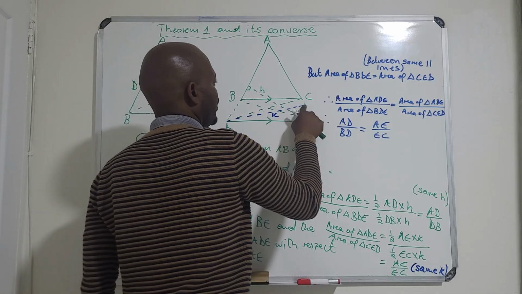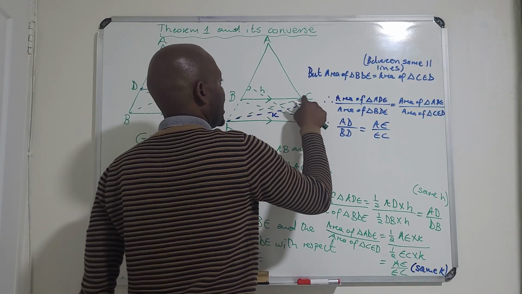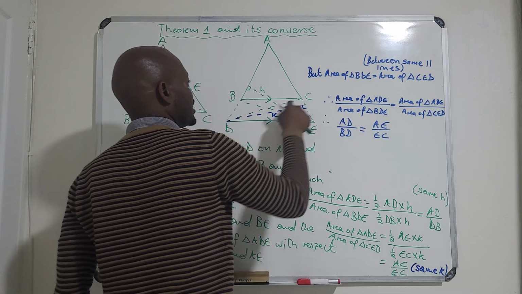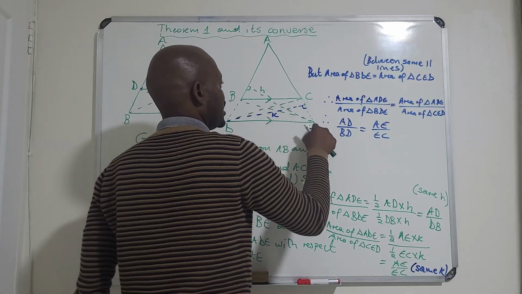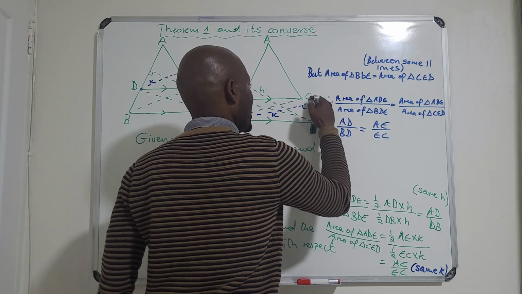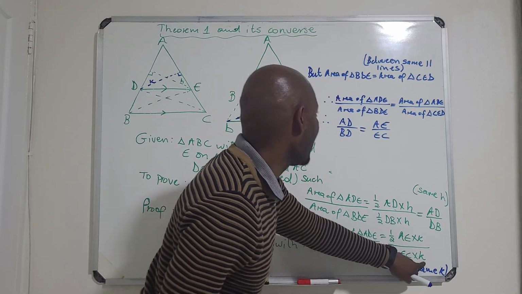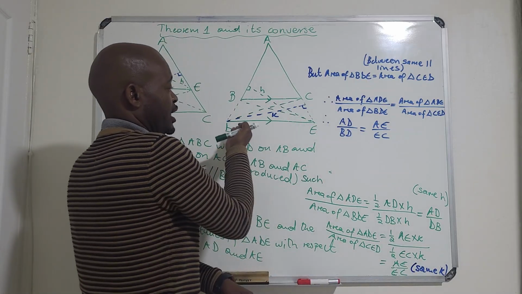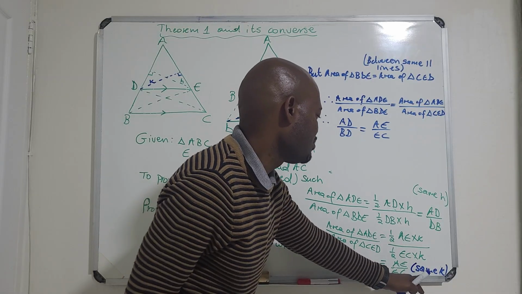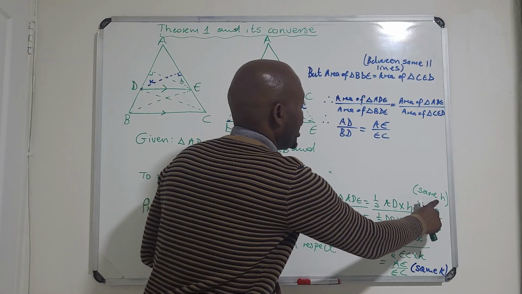You can see the height is inside triangle CED. Therefore, it is perpendicular to the base. That is why it is EC times K, because the height is K, which is one and the same thing. They've got the same height K. Even here, these two have got the same height H.